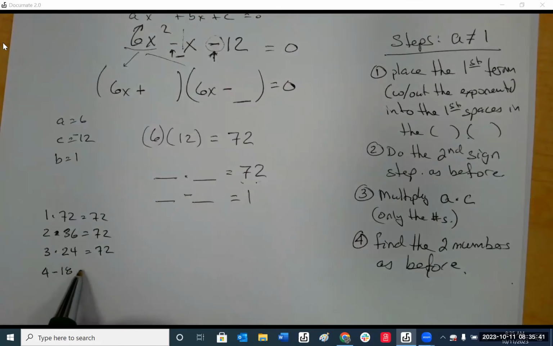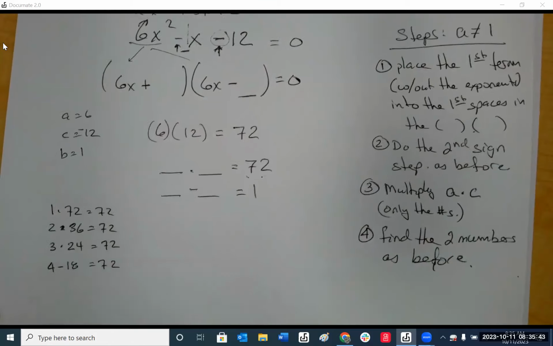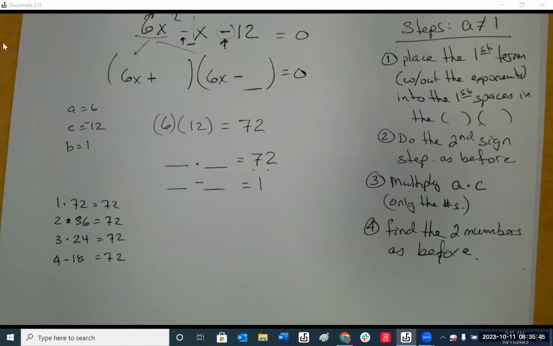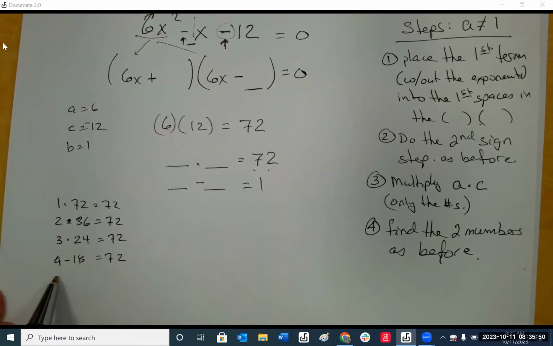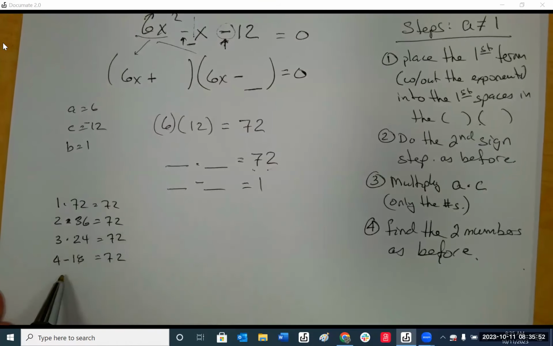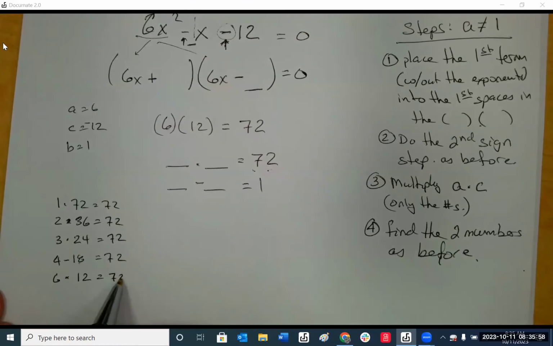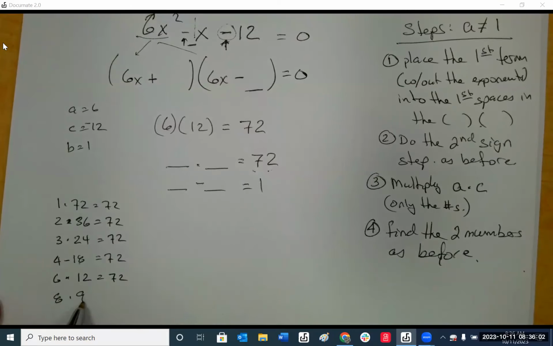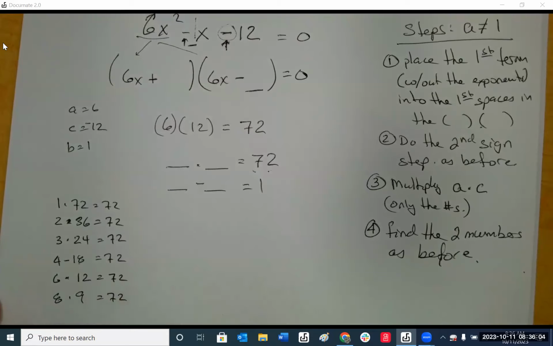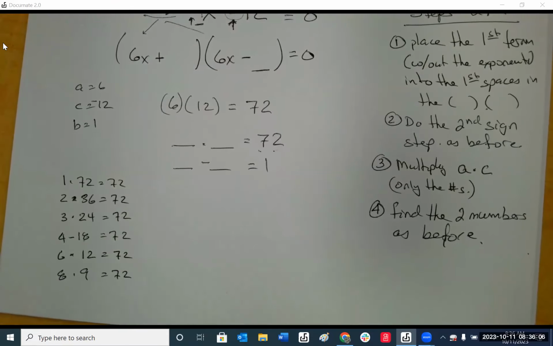Four times 18 equals 72. 5, 6. 6 times 12 equals 72. 8 times 9 equals 72. Look for all possible combinations.